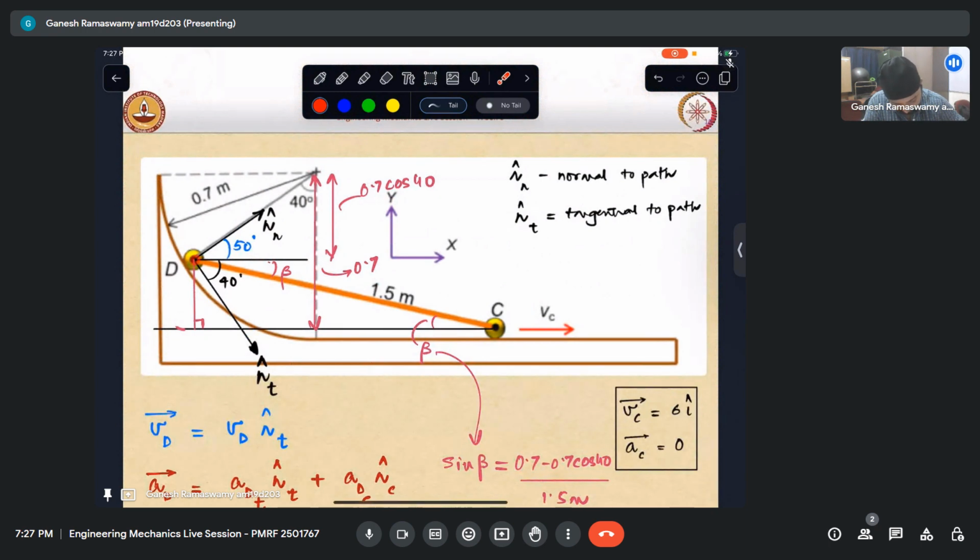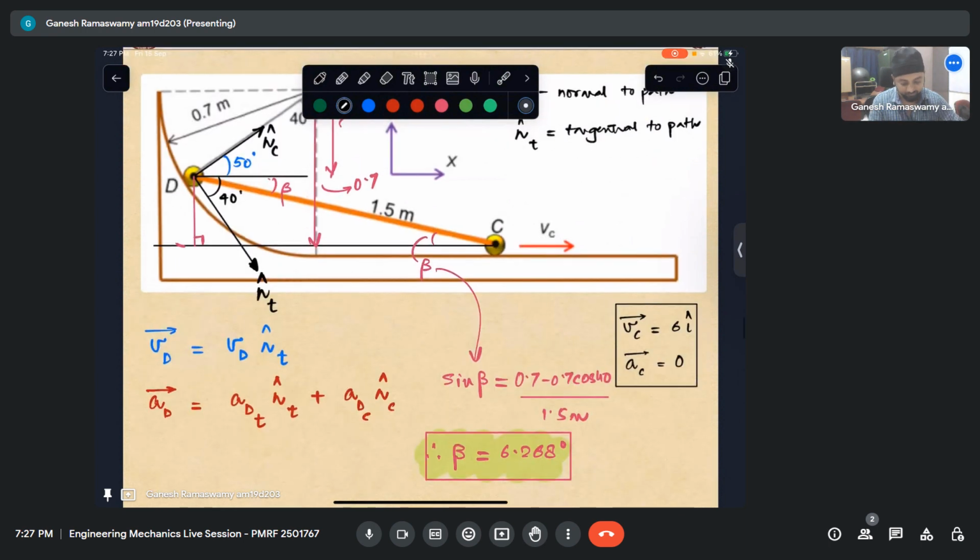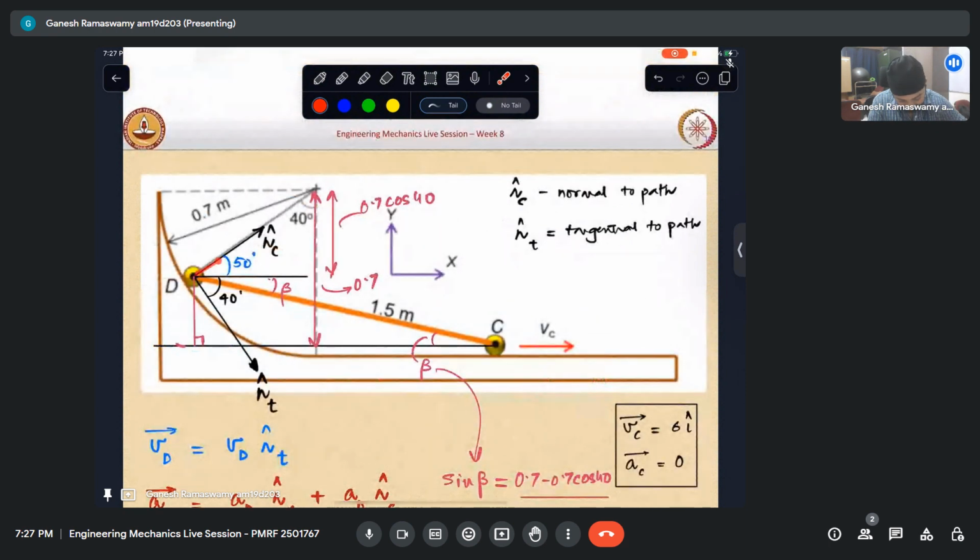So this is having a centripetal acceleration along nc cap. In the solution I have taken this to be nc, so let me mark them as nc so as to avoid confusion. If I know the velocity of point D, I can calculate the centripetal acceleration with the center here. So that is the additional equation that I have.